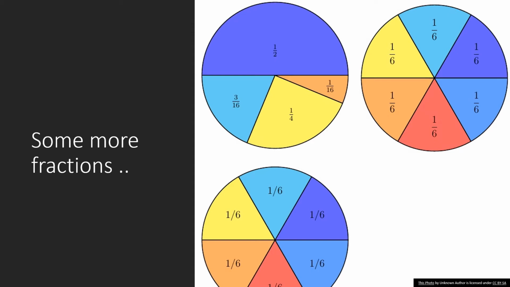The quarter is what we would get if we divided the circle into 4 and picked one of those pieces. If we divided it into 16 pieces, we would get 1/16. And if we were to pick 3 of those, we'd get 3/16. So what you should see is that the pale blue part there is 3 times as large as the orange slice.